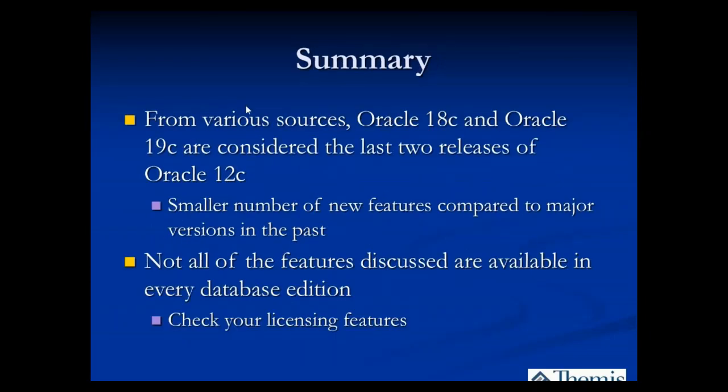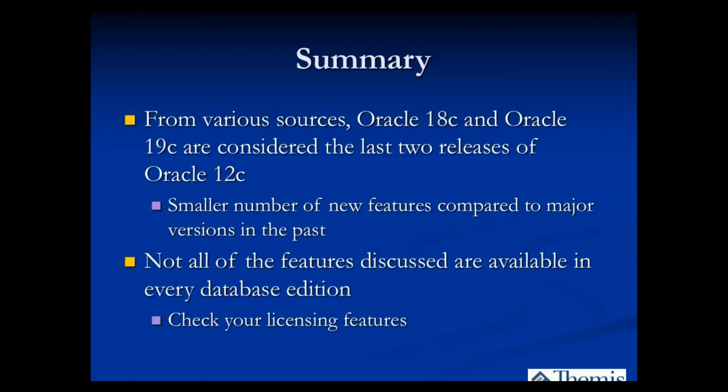So the purpose today was to remind ourselves of some of the 18C new features that were out there, because, oh man, here's 19C, and I didn't even get to 18C yet. So everything is a blur at that point. And also to throw in some 19C new features from a high level, just to make us aware of what's out there right now. 19C is available to download for various operating systems.